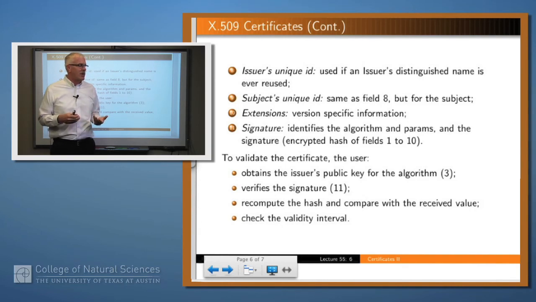They verify the signature, which is on that hash of stuff that was in field number 11. They recompute the hash from all the previous 10 fields and compare it to the received value, and if the two are the same, then they're pretty sure it's correct. And then finally they check the validity interval, because once again, if this certificate was for a certain interval and we're outside that interval, there's no reason to believe it.